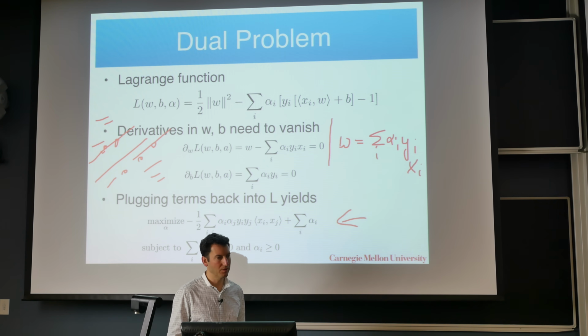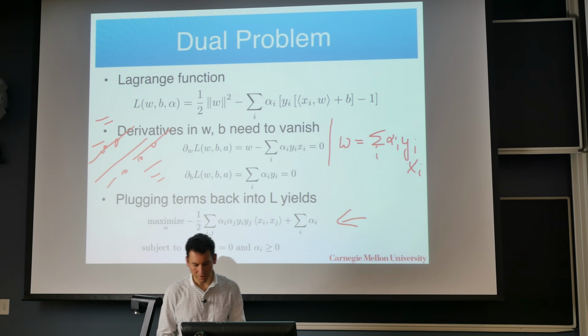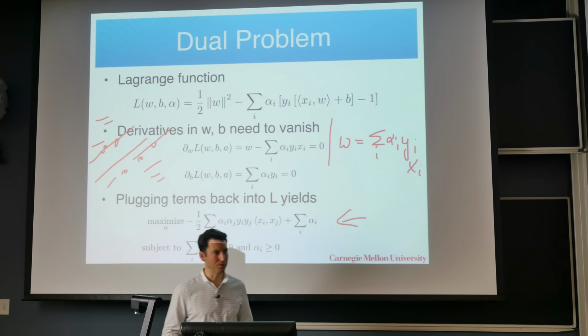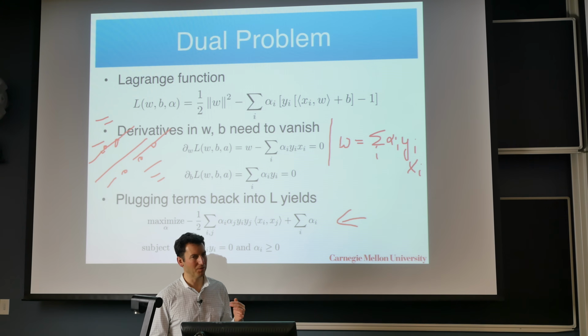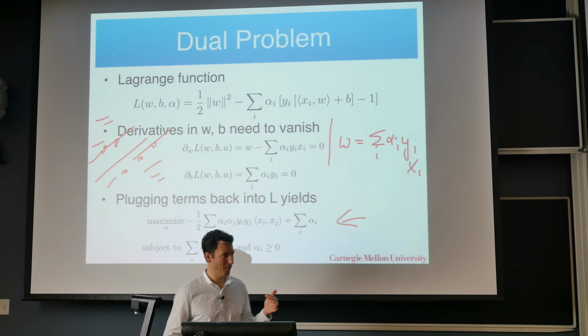Well, so what we did is we explicitly eliminated the primal variables from the Lagrange function. And in doing so, we end up with a quadratic program in the dual. So when you're trying to solve an optimization problem, you can do one of three different things. You can either try solving the primal optimization problem directly as it is. And sometimes that works, and quite often that's really painful.